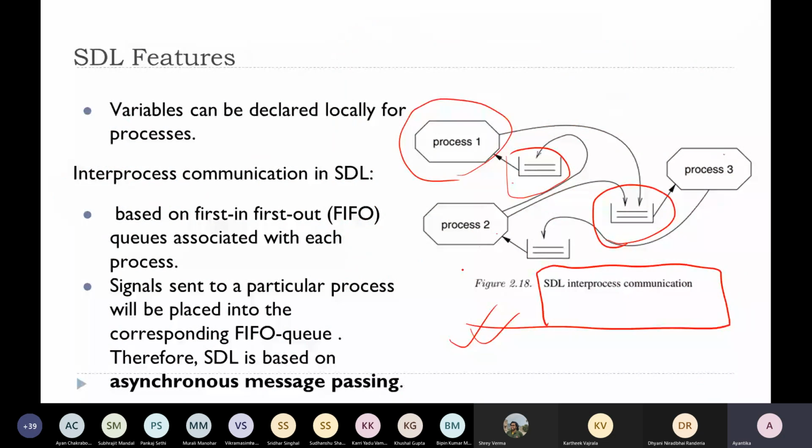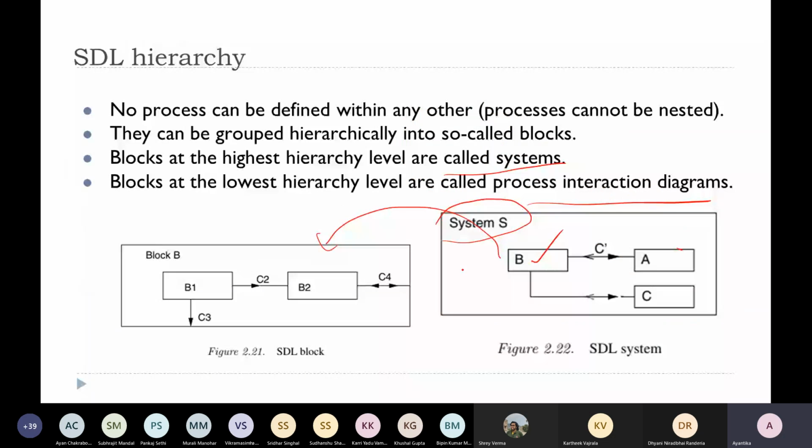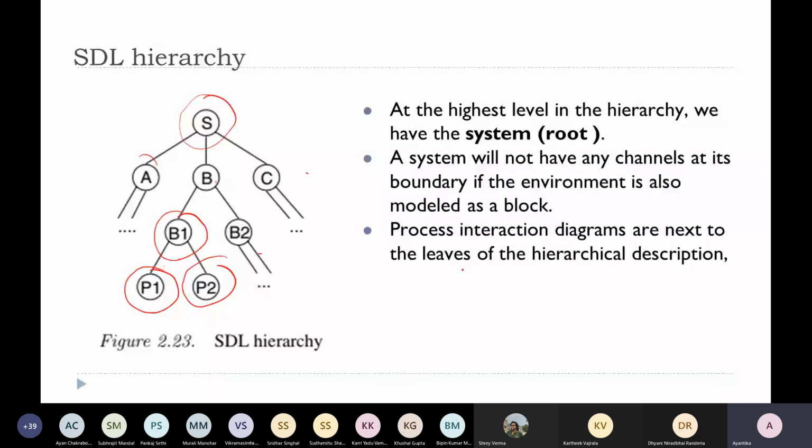So basically, we are breaking our system into sub-components. Each component, at our final level, is getting mapped to such types of processes and process interaction features. So this is the main concept of SDL in comparison to FSM or state chart. State chart is basically nothing but hierarchical FSM.